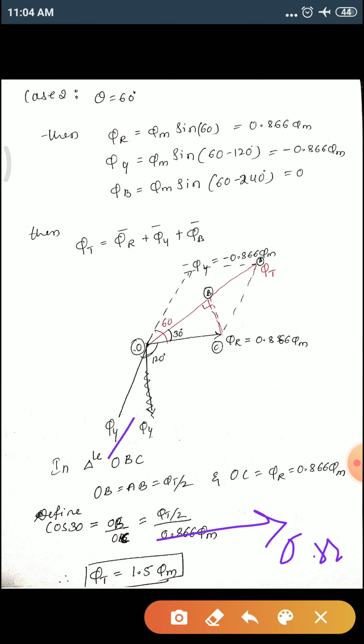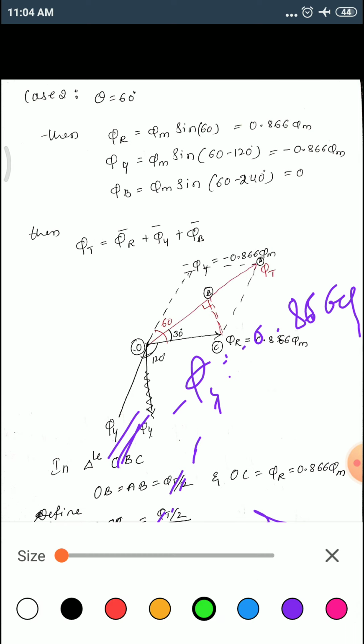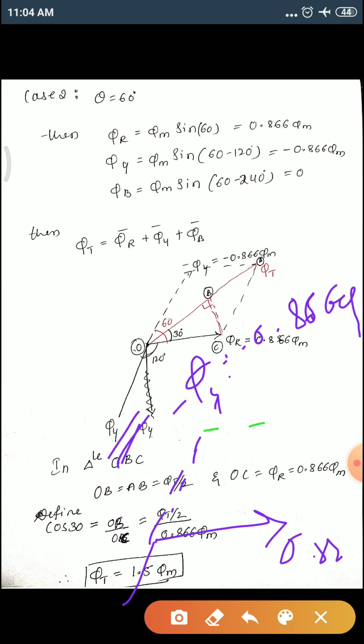We require minus phi y, so extend this line. Minus phi y is nothing but minus 0.866 phi m. So add these two vectorially, then this one is your phi t.